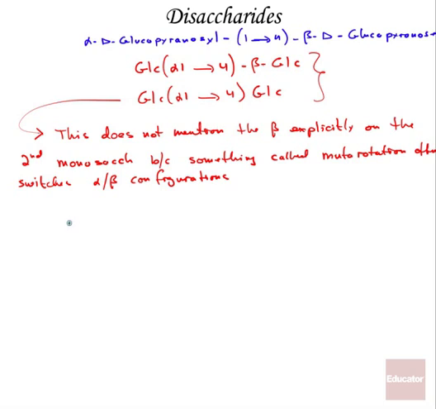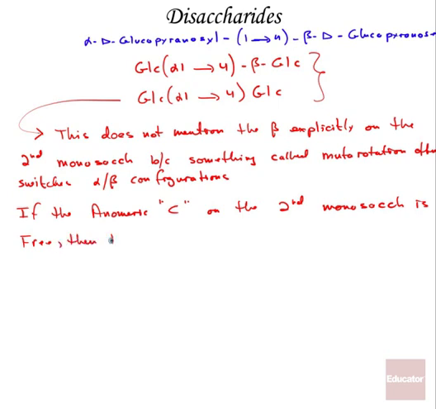Now, again, as I said, if the anomeric carbon on the second monosac, in other words, the one on the right, is free, like it was with maltose, then this is called the reducing end of the sugar, because now you have a disaccharide which happens to be a reducing sugar.